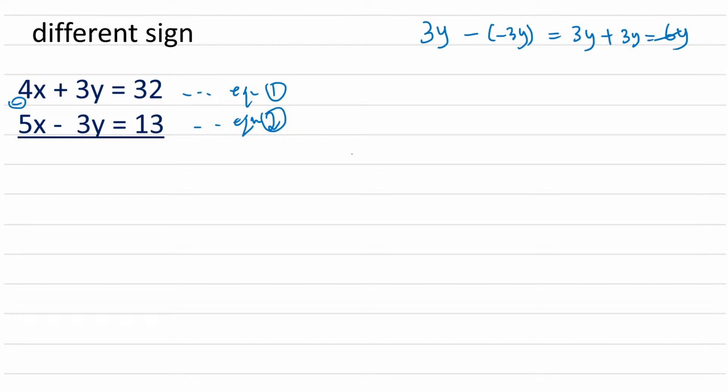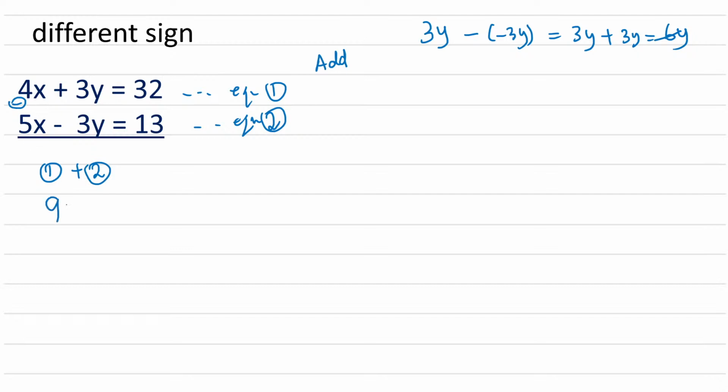Well, the only way to do this is add the two equations. The coefficients are the same, one is positive, one is negative. So when the signs are not the same, you need to add the two equations. So we're now going to say equation 1 plus 2. 4x plus 5x, what do you get?